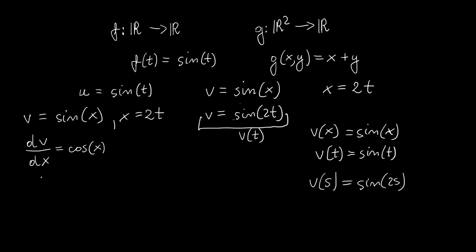But if we want to calculate derivative of f with respect to t, we might use the equation which is called chain rule for calculating a derivative when we have function given by one argument and then this argument is expressed as the other argument.